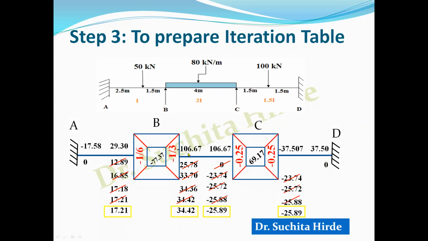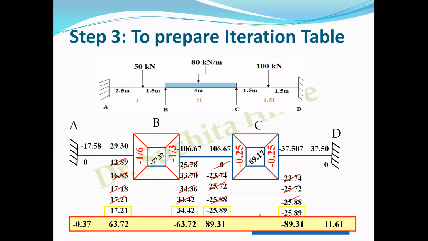How will you get MCB? 2 times rotation contribution at near end plus rotation contribution at far end plus fixed end moment of that member, you will get MCB. Similarly, you can calculate MCD and MDC.